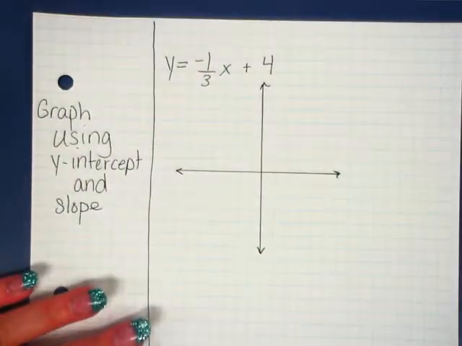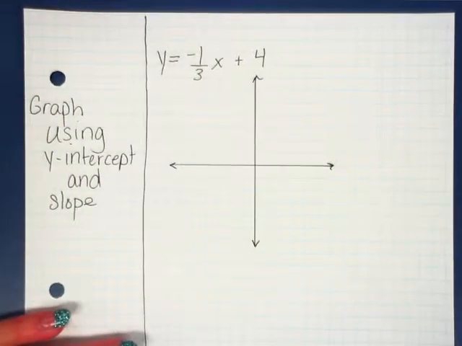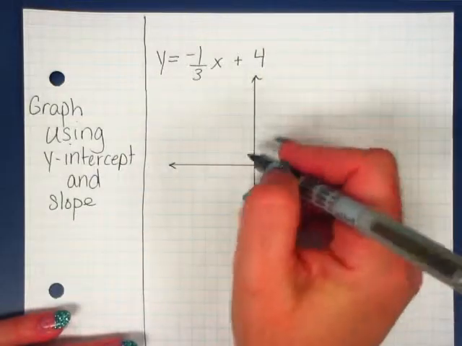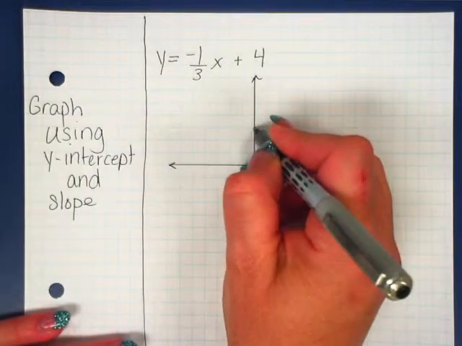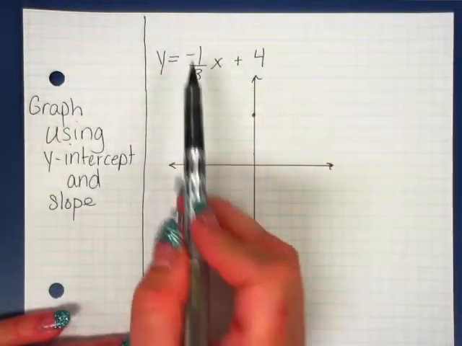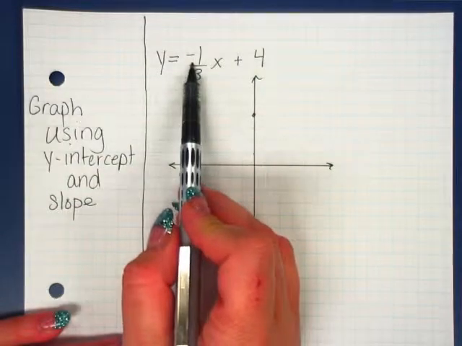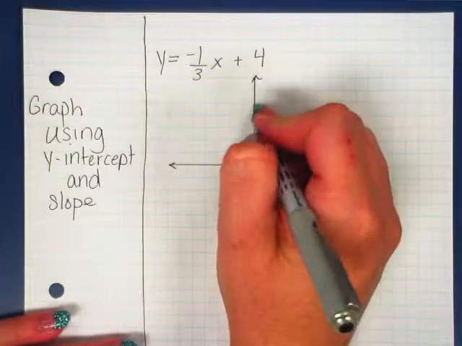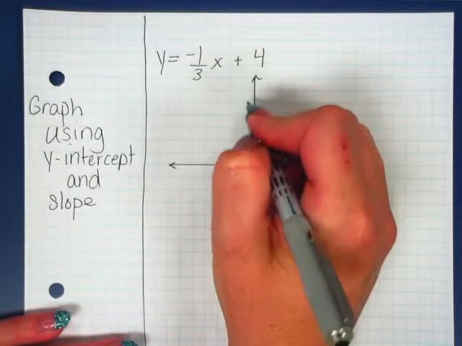Let's try that again. This time, we have the y-intercept is a positive 4, means it crosses at 4. 1, 2, 3, 4. It has a negative slope, so rise over run. I usually go up for my negative and left.